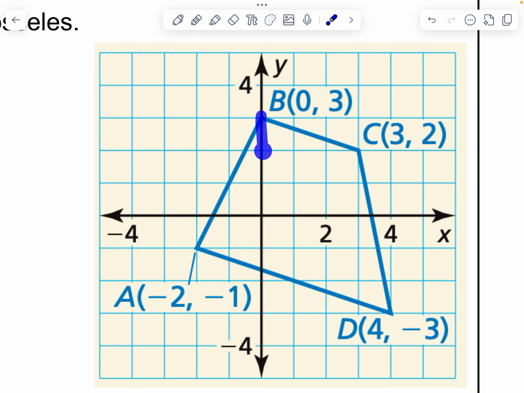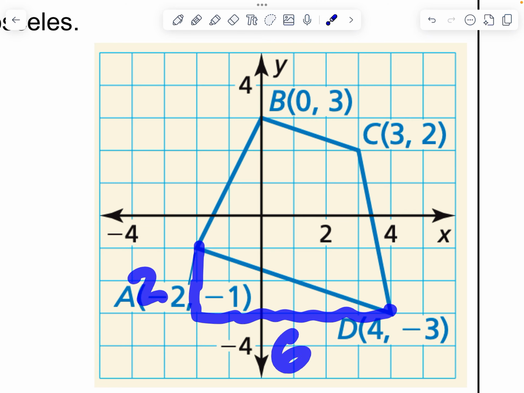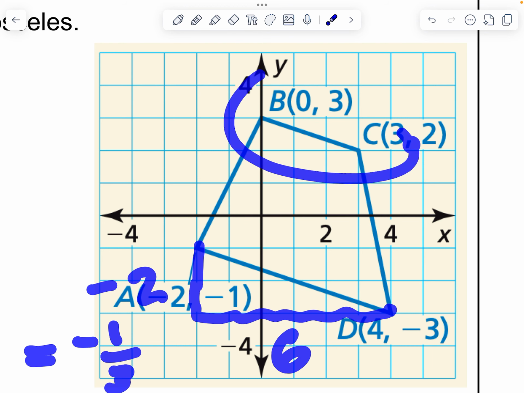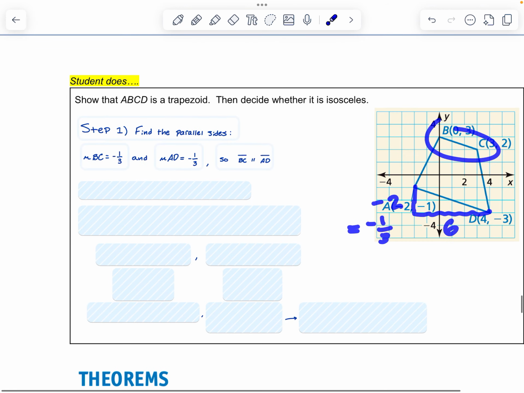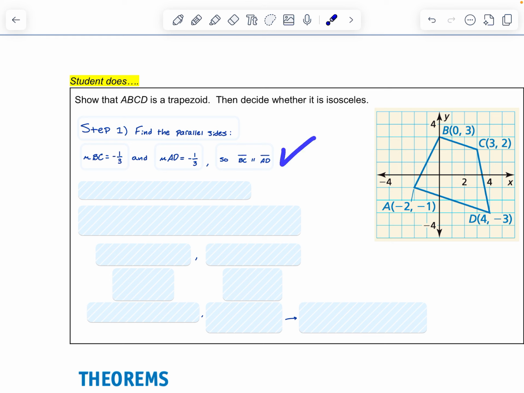Right, that's down 1 over 3, down 2 over 6, down 2 over 6. That's going to be negative 1 over 3, which matches BC. So those sides are parallel. Yes, we do have a trapezoid.